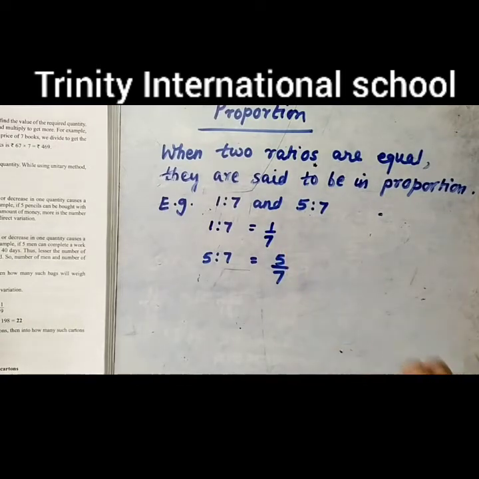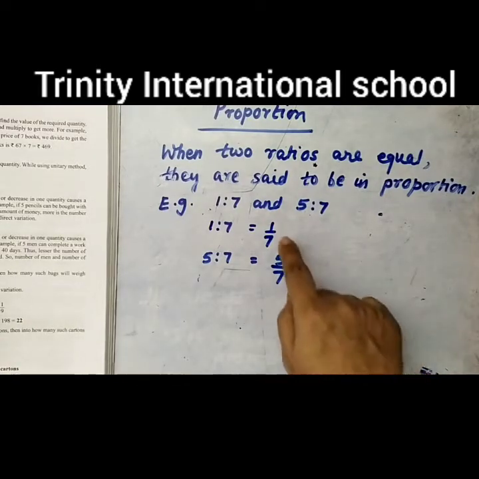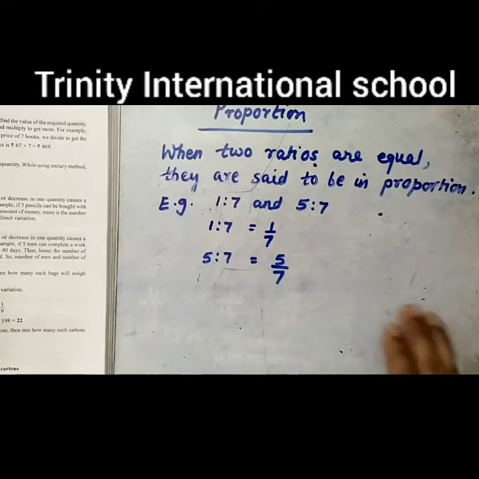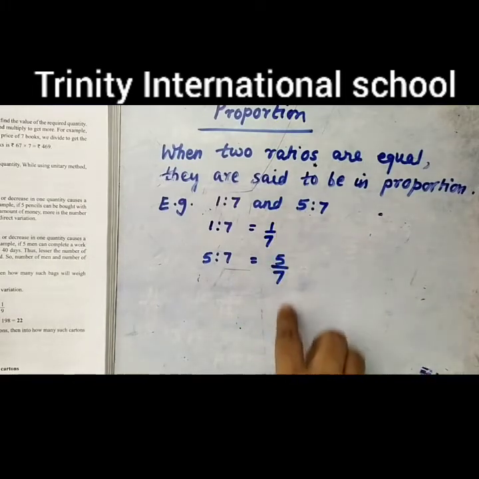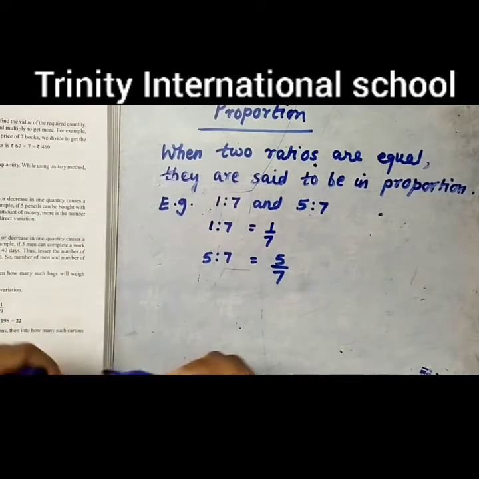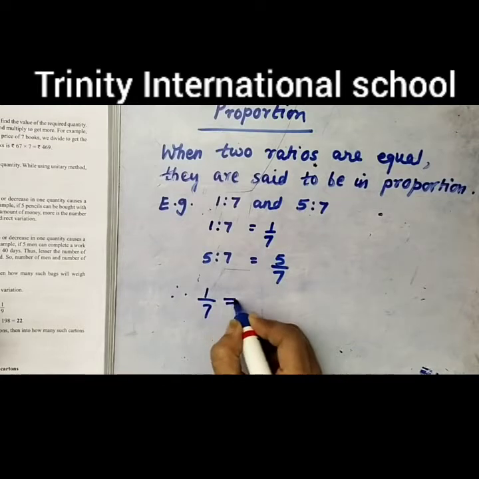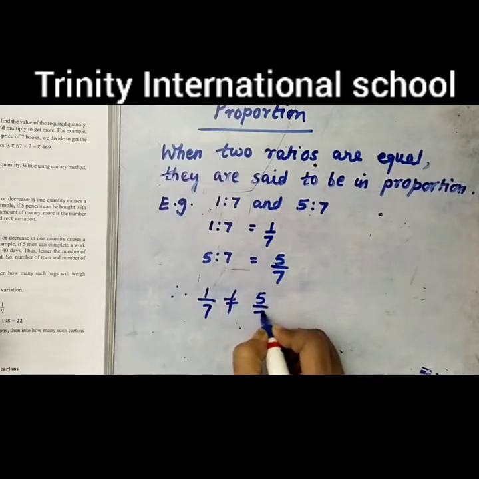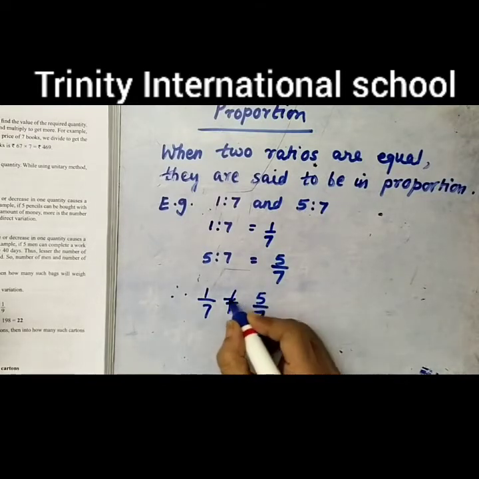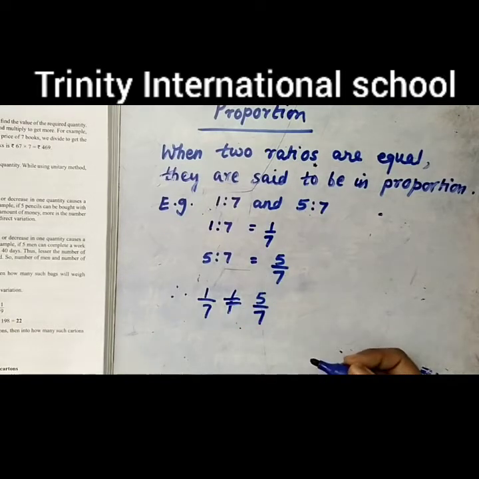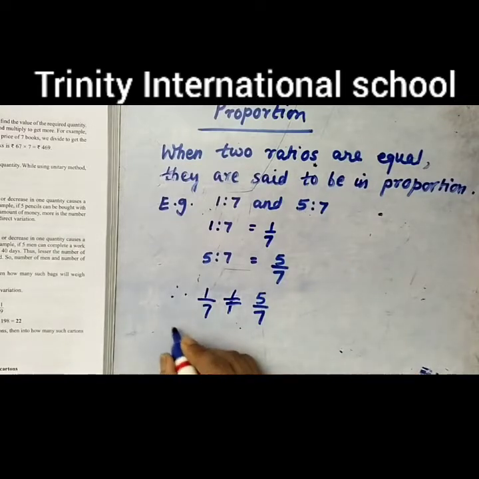This is only the lowest term, further you cannot do anything. So you can see that the values of these two are not the same. Therefore 1/7 is not equal to 5/7. How do we write not equal to? We write equal to and cut it.